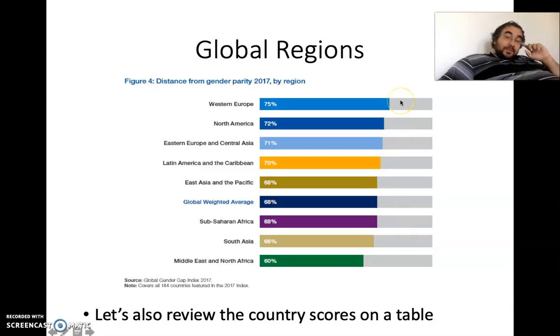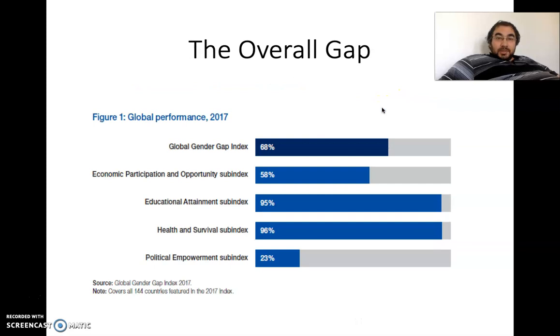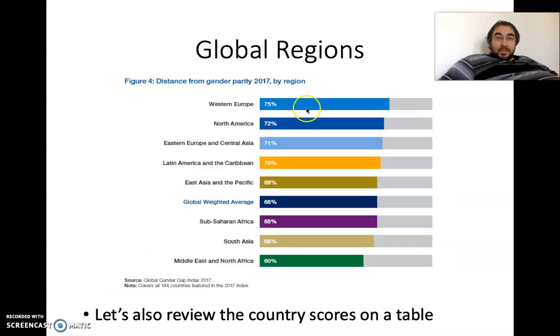These are the different regions of the world. Remember, this was the 68%. Western Europe is best, 75%. Latin America is 70%, for example. Eastern Europe is 71%. South Asia, Middle East is the worst. Even Sub-Saharan Africa is better than the Middle East.